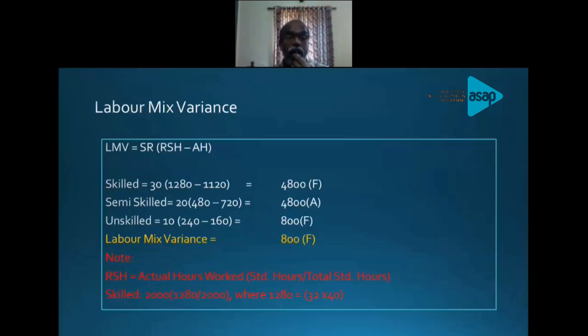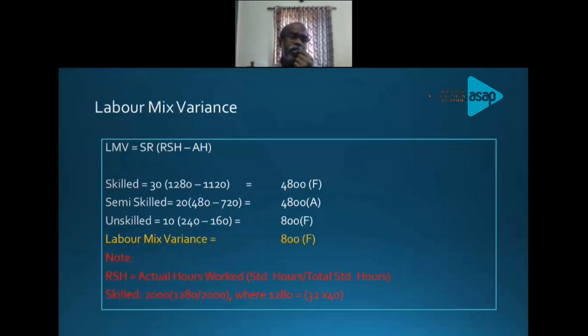These two are similar. So the standard time and the revised standard time are same. As far as skilled workers are concerned, the standard hours is 1280 and actual hours is 1120. That means actual hours is lower than the standard or revised standard. So it is favorable. The variance is favorable to the extent of 4800.